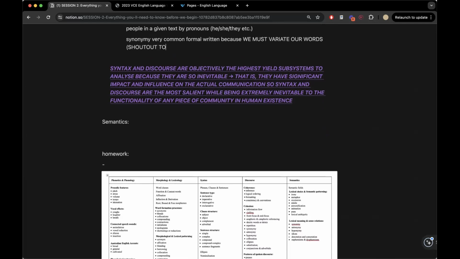By the way, shout out to wordhippo.com here because it'll allow you to have a broad vocabulary as a very well put together thesaurus. And obviously we must vary our words in order to sound professional and high level in our writing.